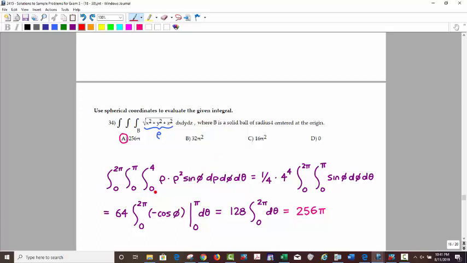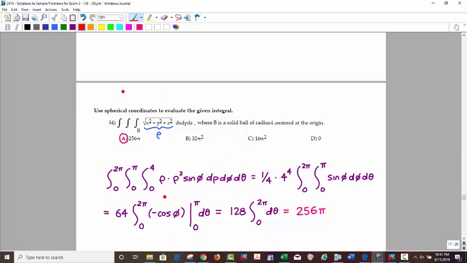So 0 to 4 would be the radius. Phi would go from 0 to pi. Recall that you can't go more than 0 to pi for phi. That's in my notes, that section. But theta goes all the way from 0 to 2 pi.